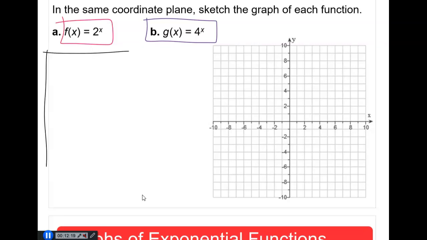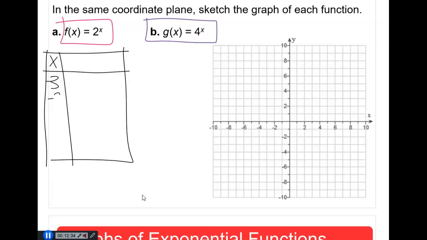So we're going to construct a table for 2 to the power x. So here we'll have our x values, and I would like for you to have negative 3, negative 2, negative 1, 0, 1, 2, and then 3. Let's add one more here.